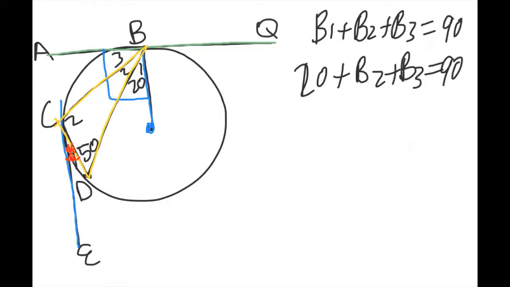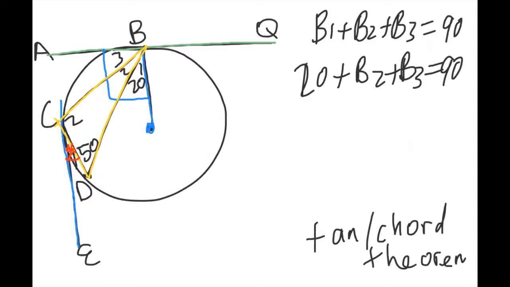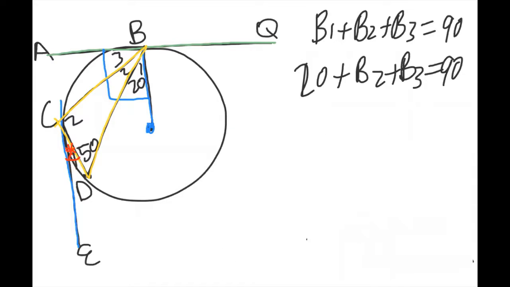Look at the tangent chord theorem. If you look at my video 1, I explain it in detail. The tangent chord theorem says that this C1, so I'm working backwards now, C1 will equal that over there.